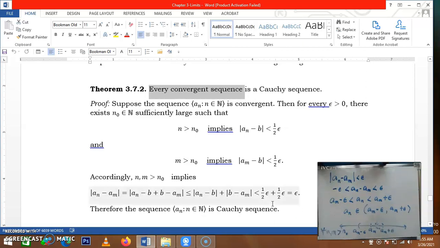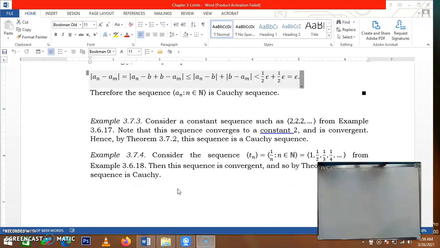So that's it. Now let's try some examples. Let's consider the constant sequence. Actually, I already discussed this one in my previous video. We have shown that this constant sequence has a limit, and since this sequence has a limit, we can say that it is convergent.